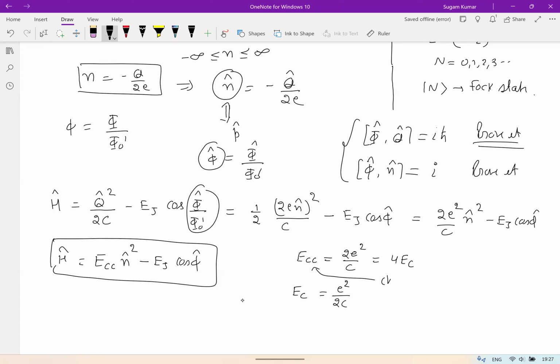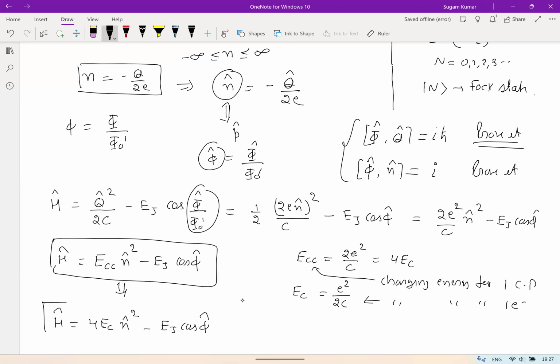So this is the charging energy for 1 Cooper pair, and this is the charging energy for 1 electron. So we have already taken this into consideration in the equation. But again, I would like to work only in the EC form. So this is going to become 4 times EC n cap square minus EJ cos phi.